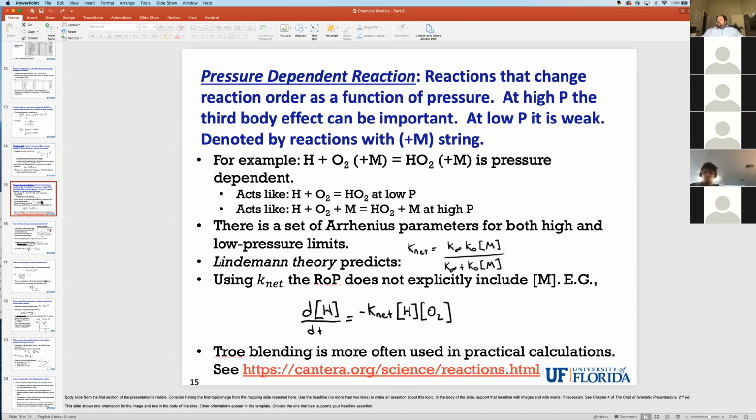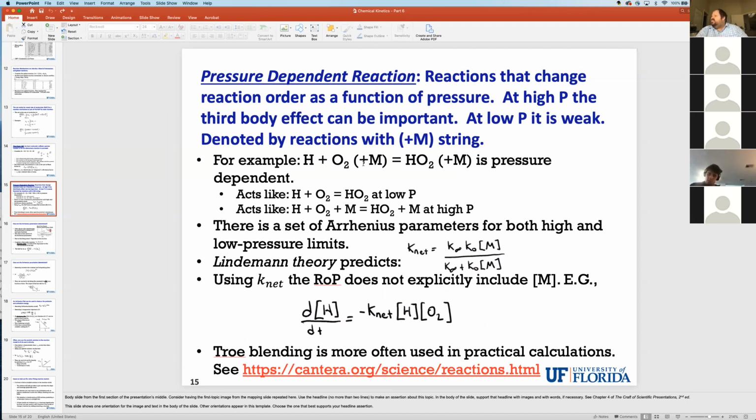And so these reactions are denoted by putting the third body inside of a parentheses. So we have H2 plus O2 plus (M) inside parentheses.